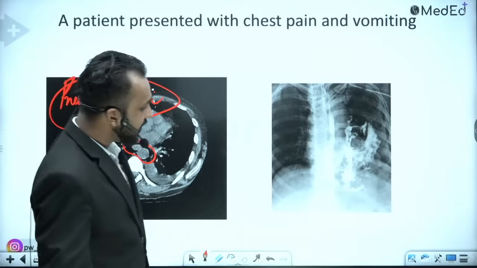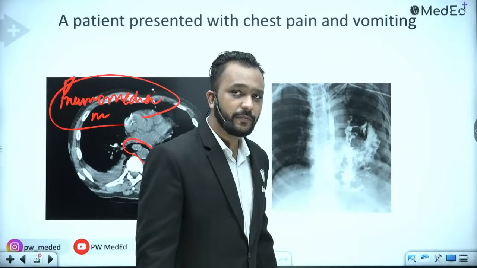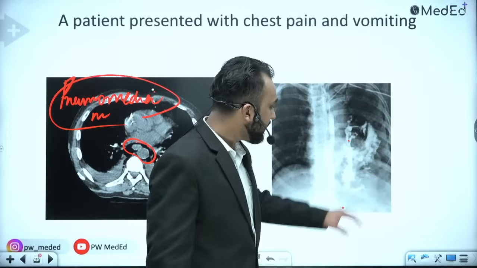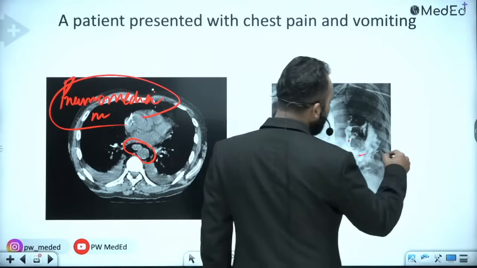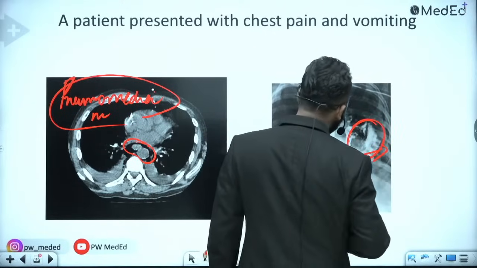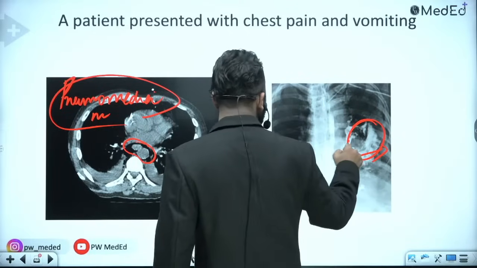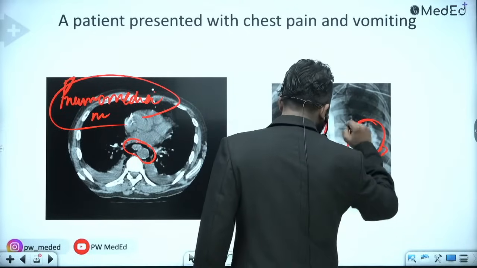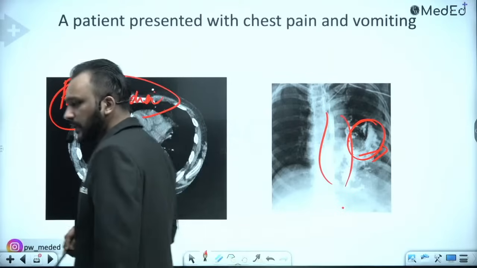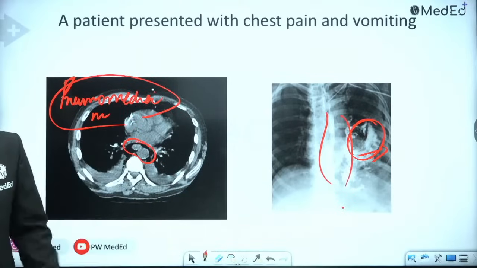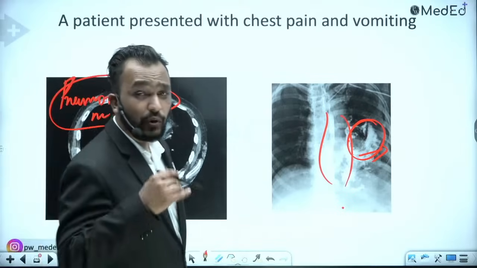You do a barium swallow study for this patient. You see that there is leakage of barium into the mediastinum. Basically there is leakage of barium from the esophagus, and this is a case of Boerhaave syndrome.